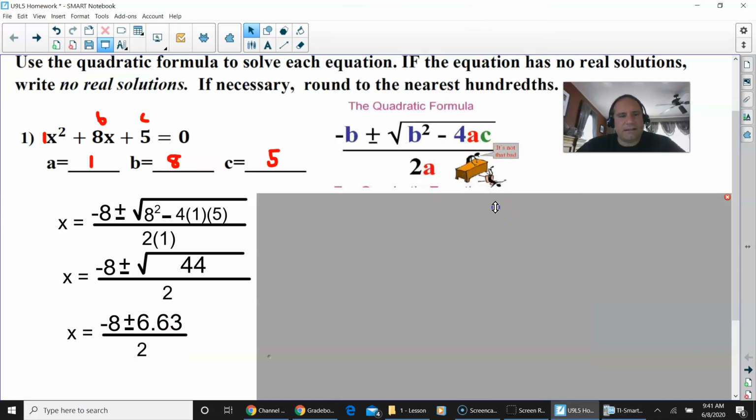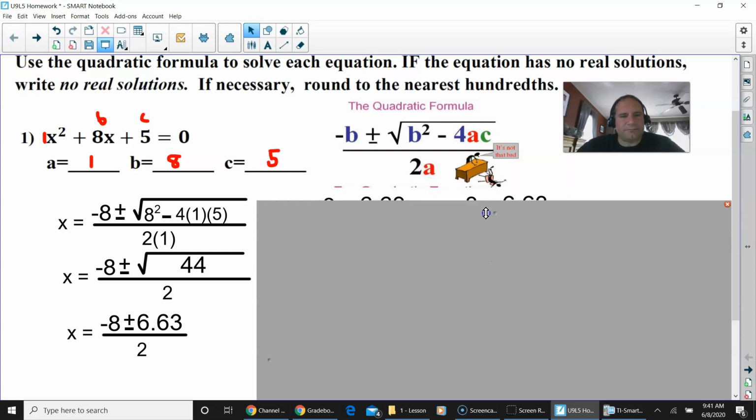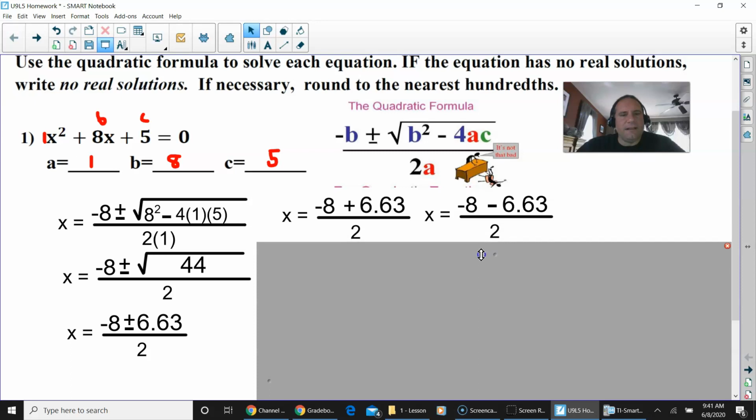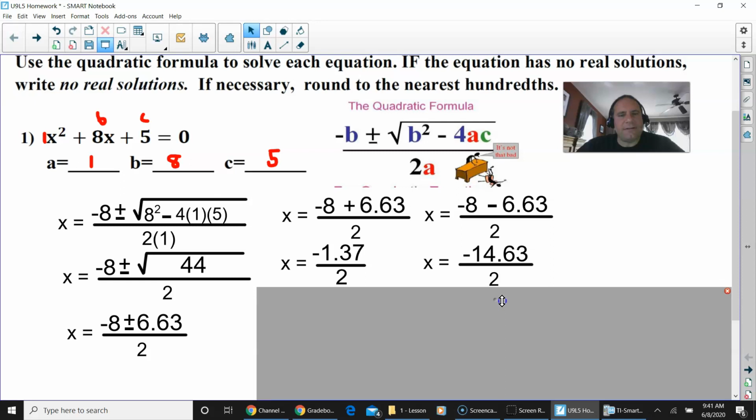So then next, I am going to split those equations up, just like you see here. We have negative 8 plus 6.63 over 2, and negative 8 minus 6.63 over 2. Putting that into the calculator, you get x equals negative 1.37 over 2, and then negative 14.63 over 2.